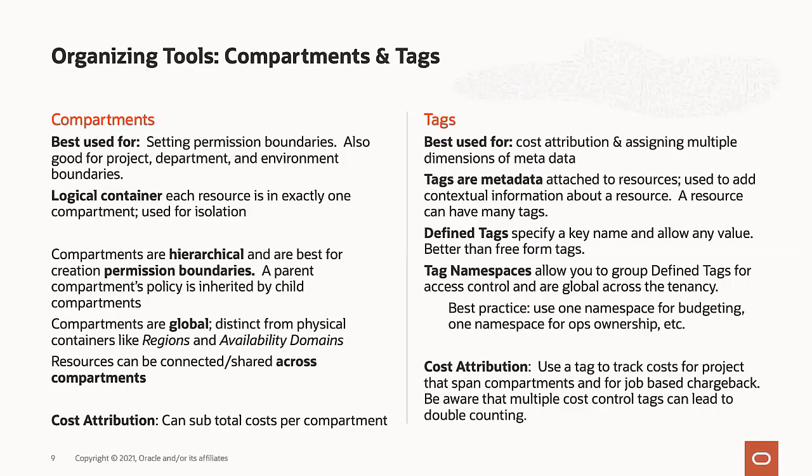So it's important to use defined tags rather than free-form tags. And then another one would be to secure your tag namespaces and create at least 2 tag namespaces, one for all of your users, and then one that's going to be restricted for cost tracking.